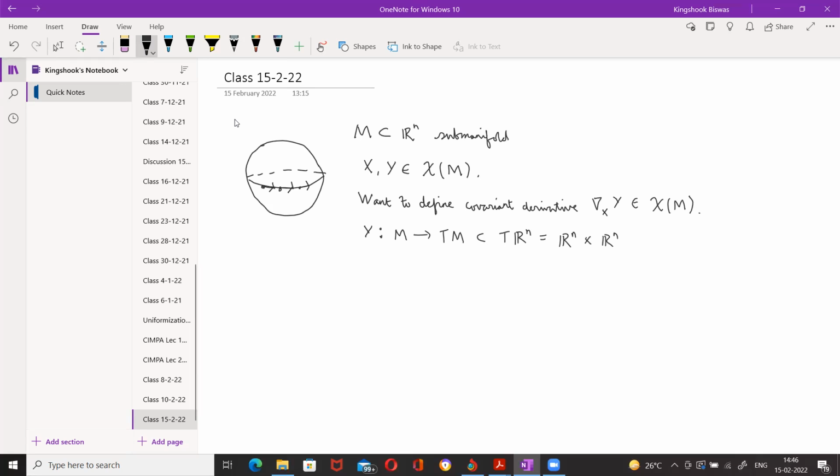So this map, P maps to Y at P, we can think of as of the form, a tangent vector we can write as P comma some vector, which I'll again denote by Y at P, where now I can think of Y as a smooth map from M to Rn.